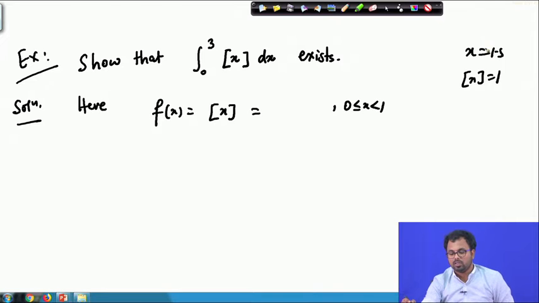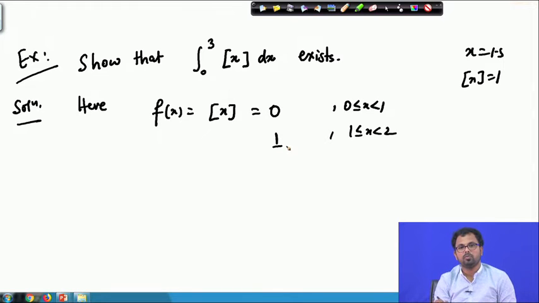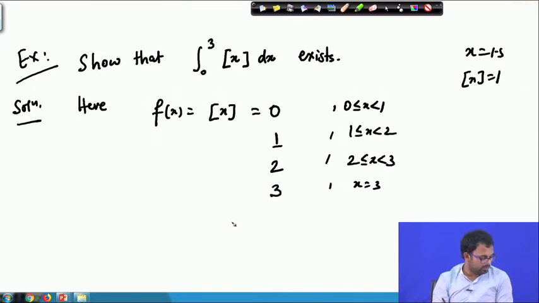Here if x is between 0 and 1, then box of x will be 0, and if it is between 1 and 2, then the value of the box function would be 1, and if it is between 2 and 3, then the value will be 2, and if x is 3 actually, then the value of the box function will be 3.